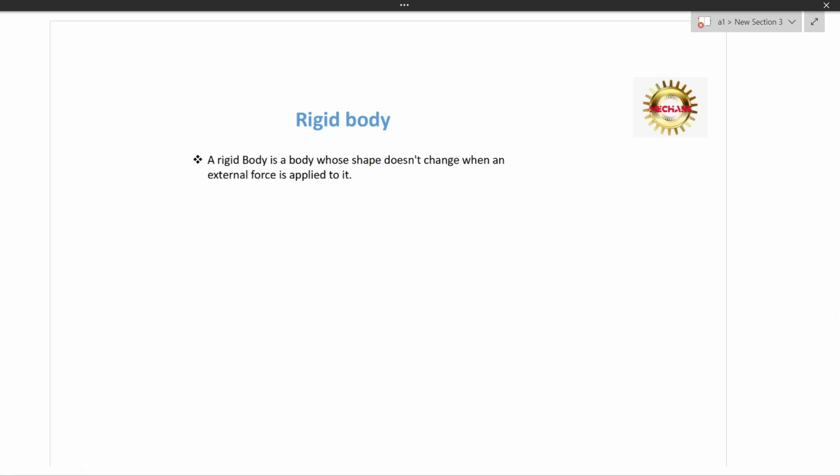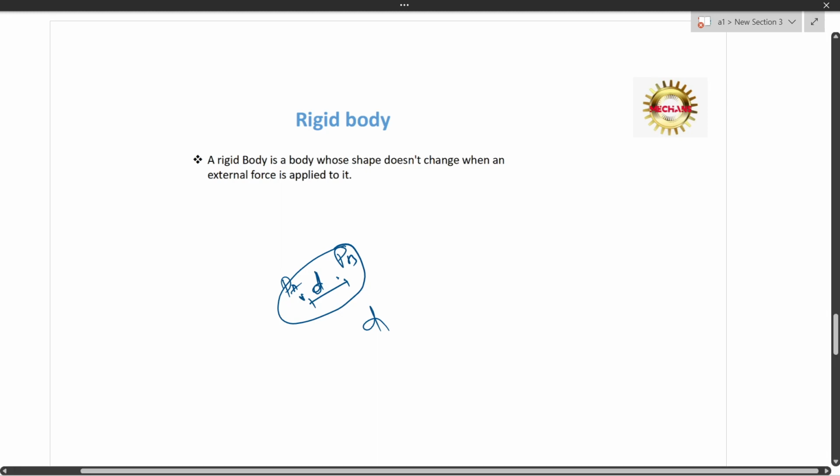Further, if you take one body like this and take two points, let's say point A and point B, the distance between these two points is called D. This D won't change throughout its application time. If this D changes, we call it a failure. So a rigid body retains its shape during the application of external force. If it changes, we consider it a failure.